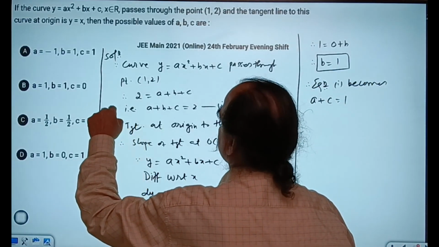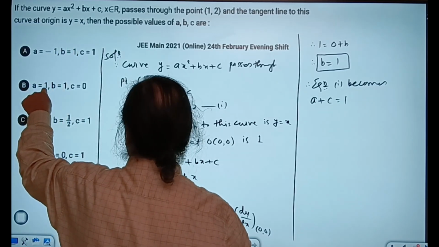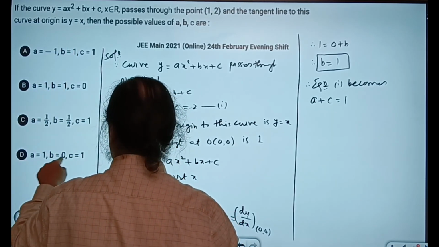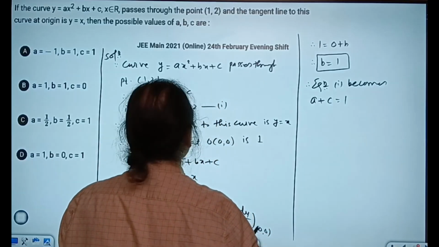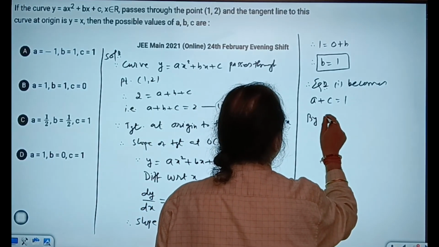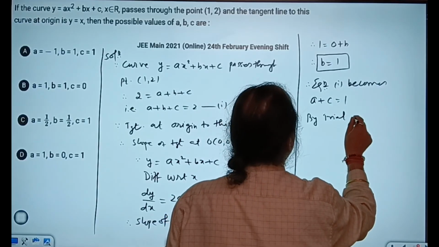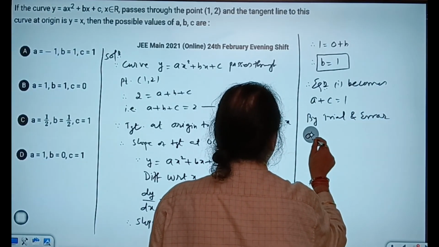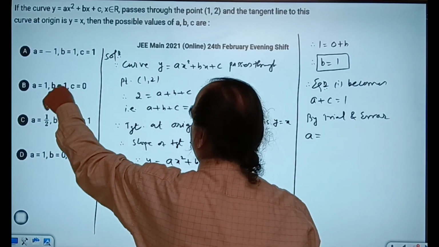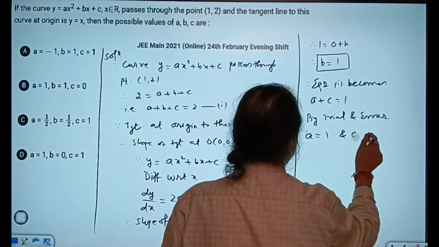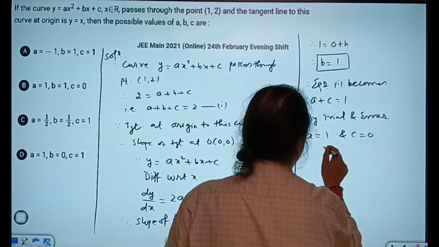So from the options, minus 1 plus 1 is 0. 1 plus 0 is what? 1. Half plus 1 is not 1. 1 plus 1 is 2. By trial and error, a is 1 and c is 0 from the option.